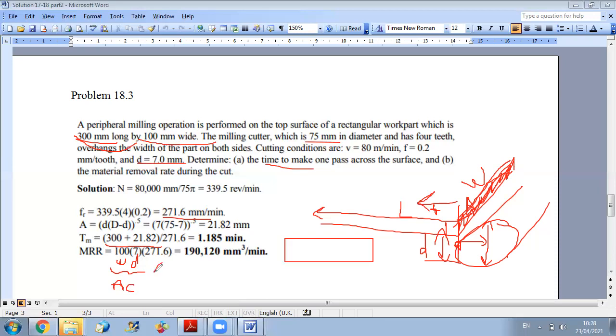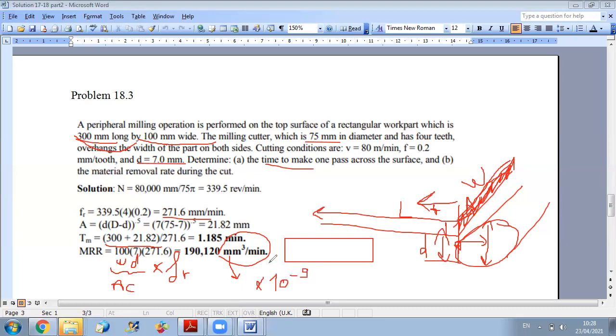And then I should multiply it by the corresponding value of the feed rate, FR, which is in millimeter per minute. So W in millimeter, D in millimeter, and FR in millimeter per minute. So my resulting unit will be in millimeter cube per minute. And for example, if I ask you to give the value in meters cube per second, you should multiply to go from millimeter cube to meter cube, times 10 to the power minus 9.